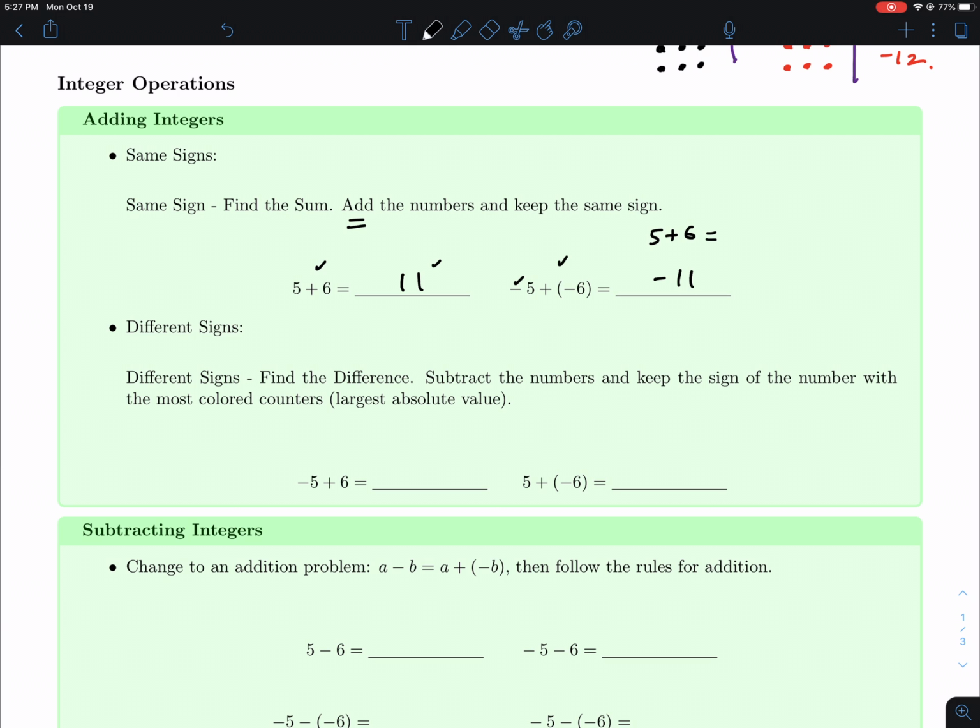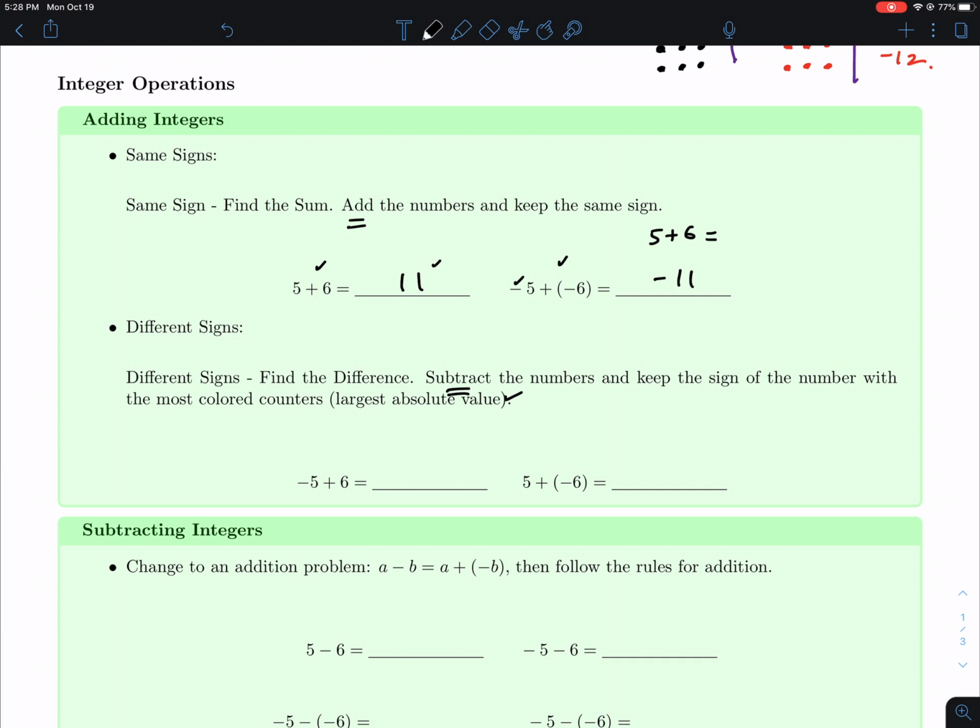Now, if we're adding numbers with different signs, then even though it's written as an addition, we're actually going to subtract. The way we figure out what sign we get comes down to the number that has the biggest absolute value. Whichever number has the biggest absolute value, that's the sign we would use.